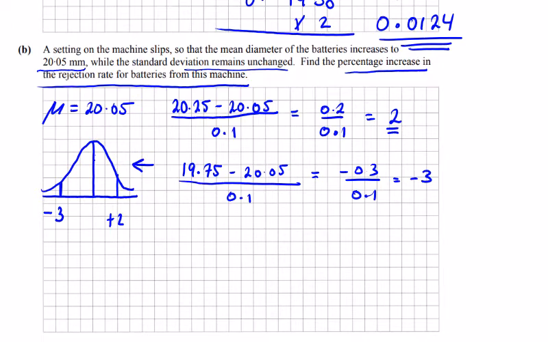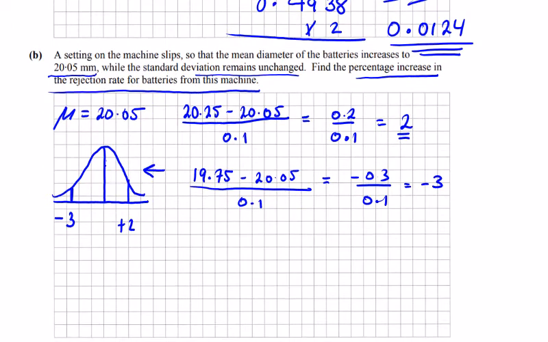So now I have to look up two different z-scores. The z-score of 2 we can use to get this bit. The z-score of 3 will enable me to get this bit in here, and we can just add them together. Let's look at these two. We look up a z-score of 2, we get 0.9772.